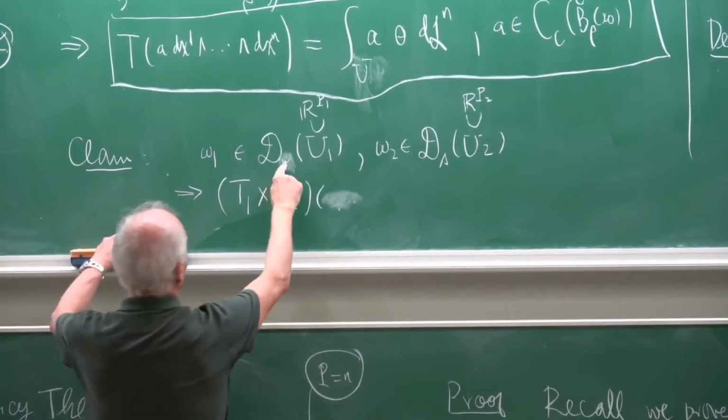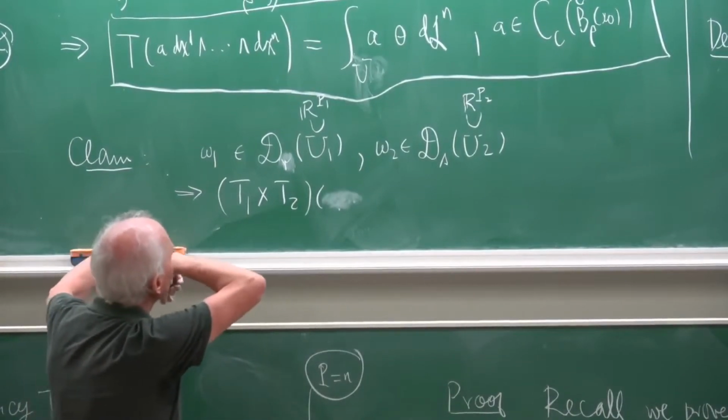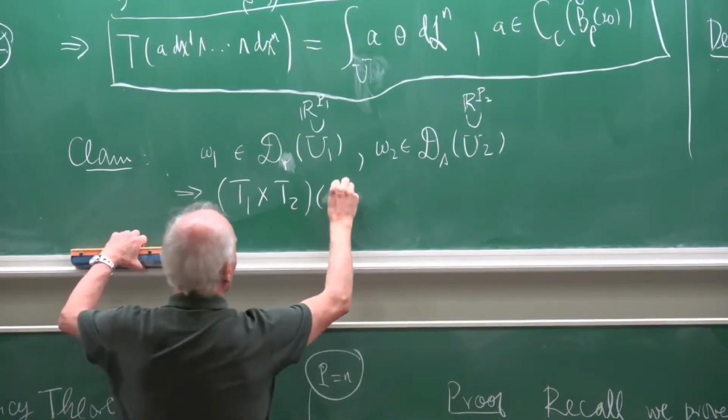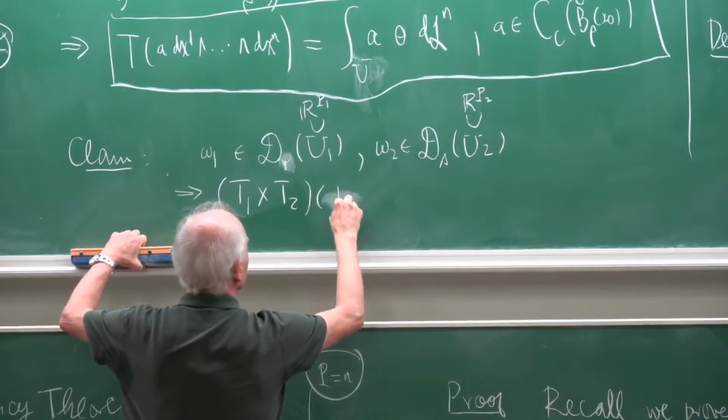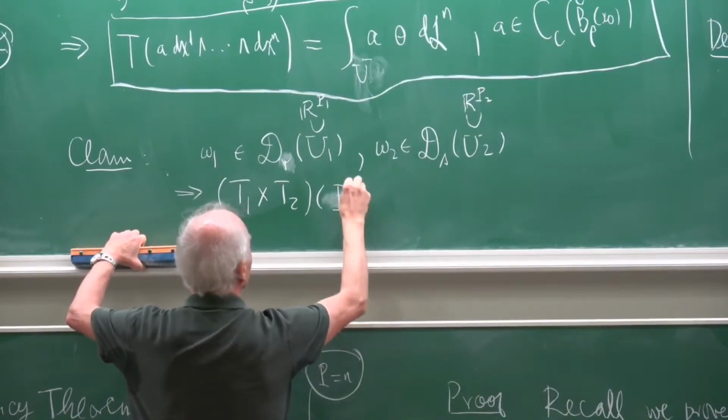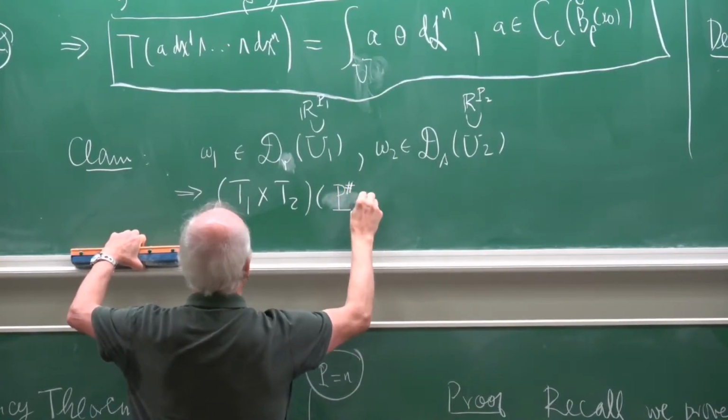These are in different spaces. So I want to pull them back. Remember, you pull back forms, not push them. So I want to pull them back.